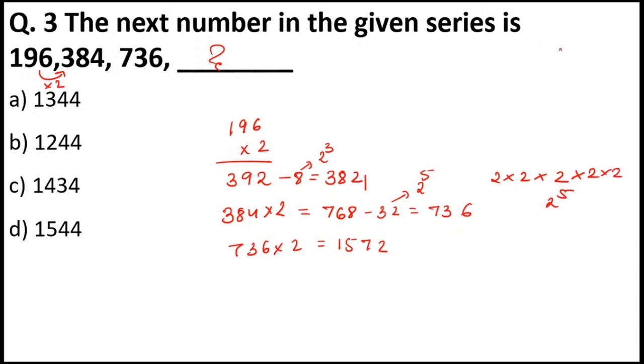So the first is 2 to the power of 3, the second is 2 to the power of 5, so definitely this will be 2 to the power of 7. And what is the value of 2 to the power of 7, students? The value is 128.